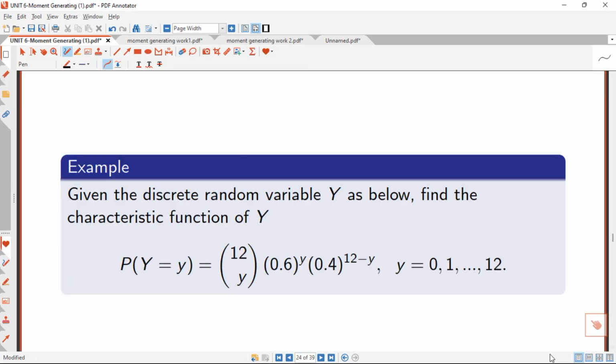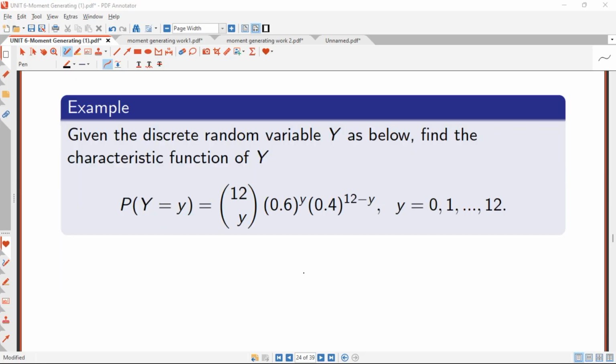So let's go to our second example. The second example says: given the discrete random variable y as below, find the characteristics function of y. You see this question already, we solved it under the moment generating function, and we had 0.6 e raised to the power t plus 0.4, all raised to the power 12.